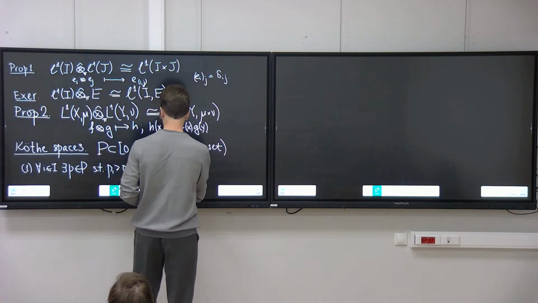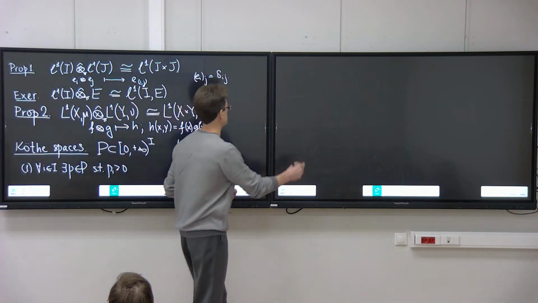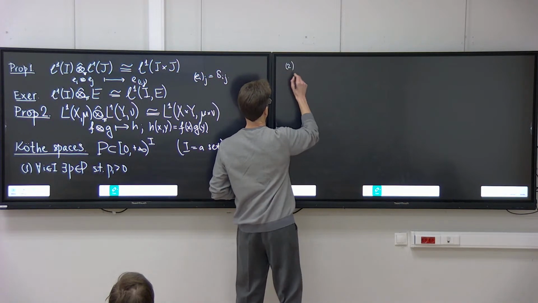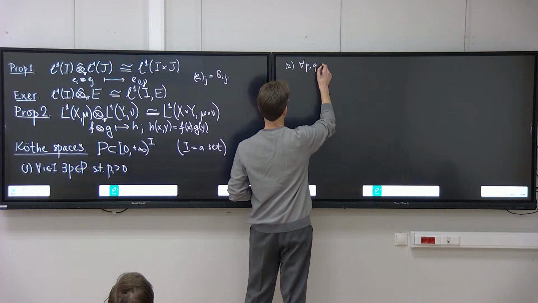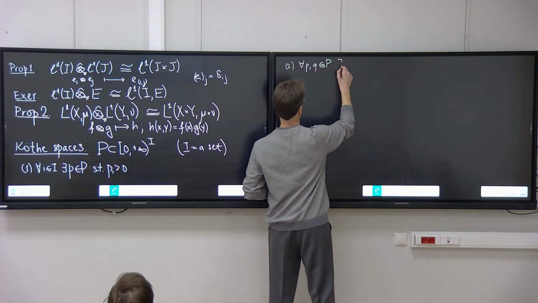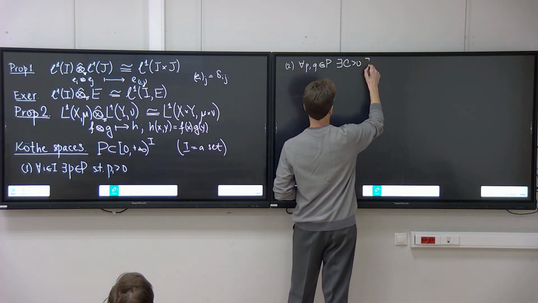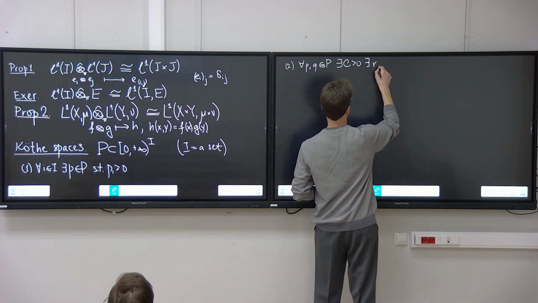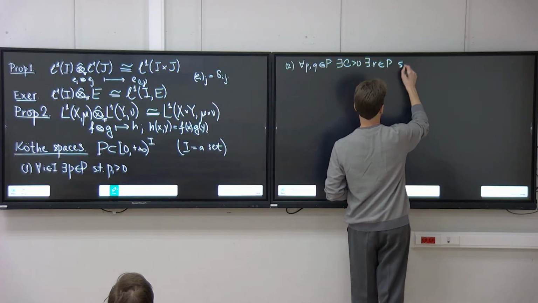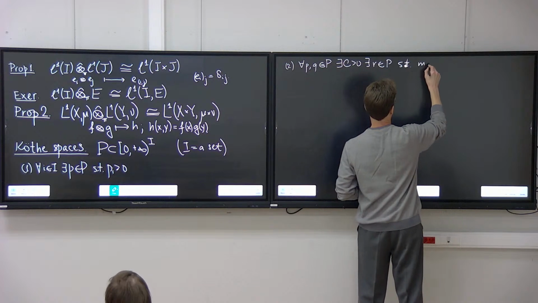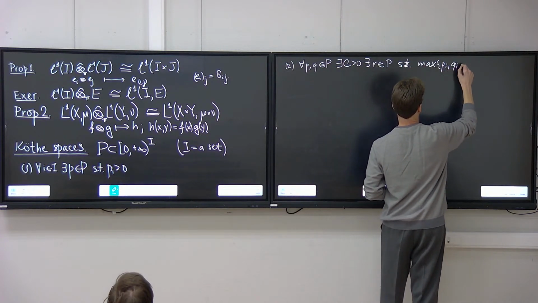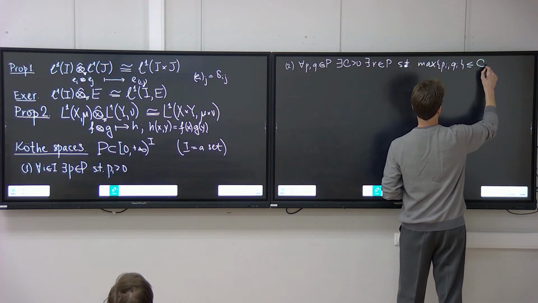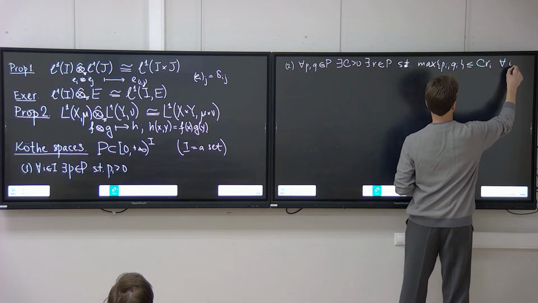And condition 2 was that this set P is directed in the sense that for any two sequences p and q from P, there exists a constant C and another sequence r in P, such that the maximum of p_i and q_i is dominated by C r_i in the following sense.